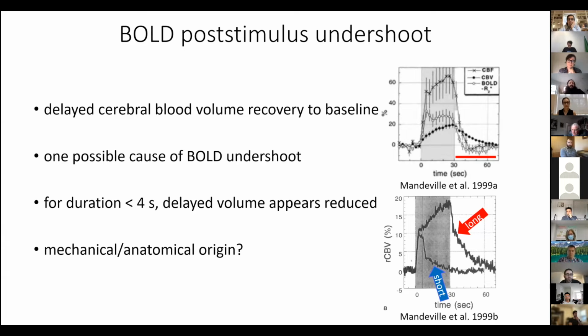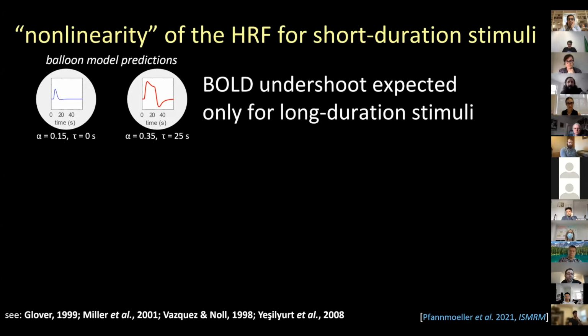And so we wanted to get some insights into whether the appearance of a BOLD poststimulus undershoot for longer duration stimuli may have some sort of mechanical or anatomical origin. So we tested whether this framework could help us to account for this nonlinearity of the hemodynamic response to short duration stimuli.